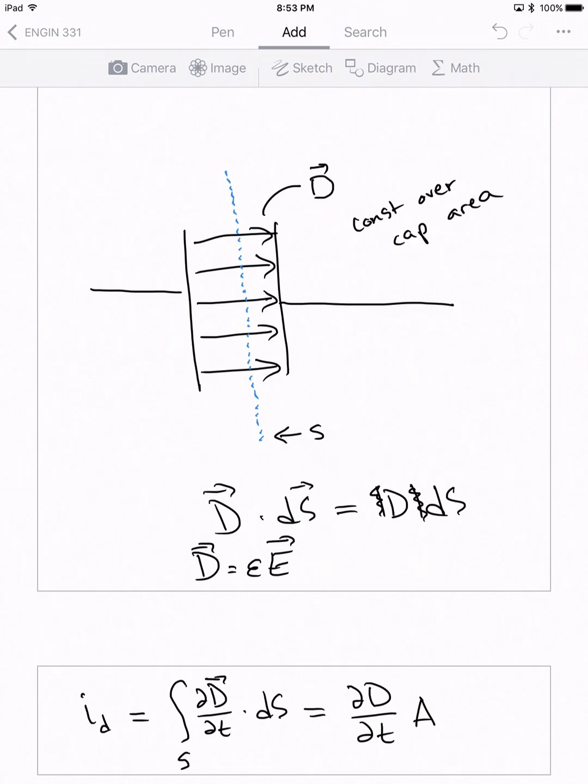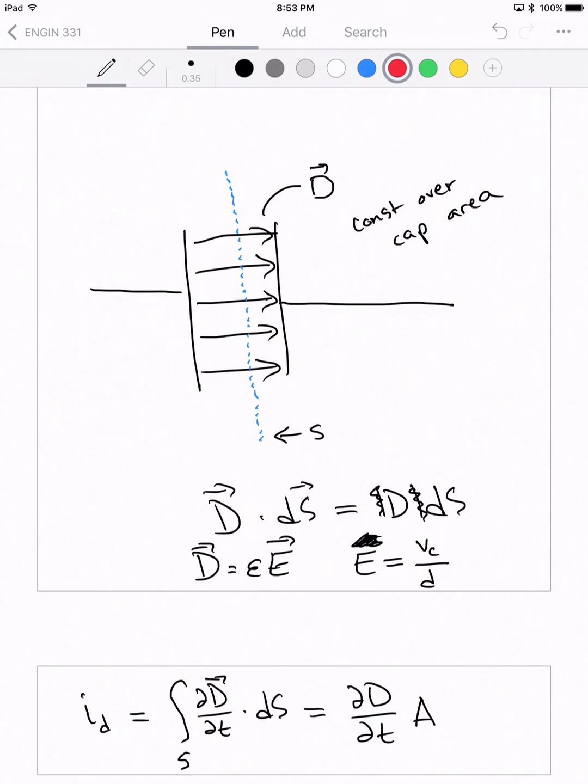And if there's a voltage across the capacitor, which there is, the electric field magnitude, but we already know its direction, is going to be equal to the voltage across the capacitor divided by the distance between the plates. And let me just add some notation here. That is the distance D between the plates, and the plate area is A.